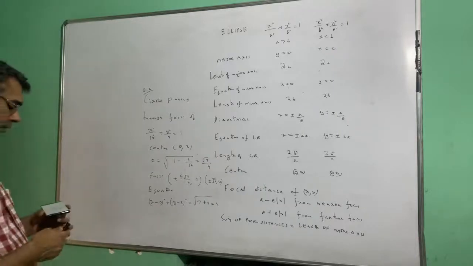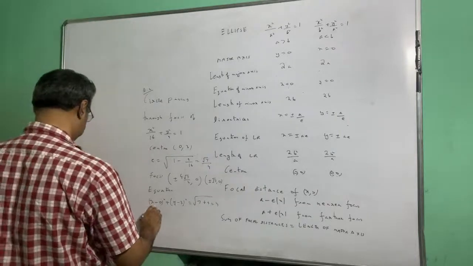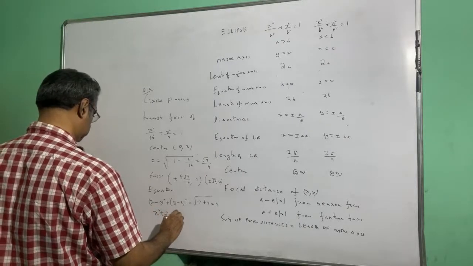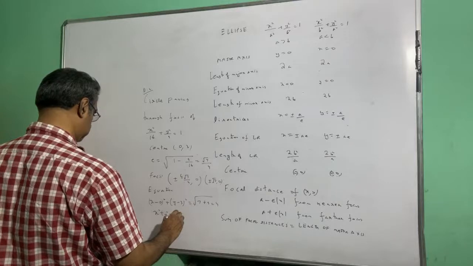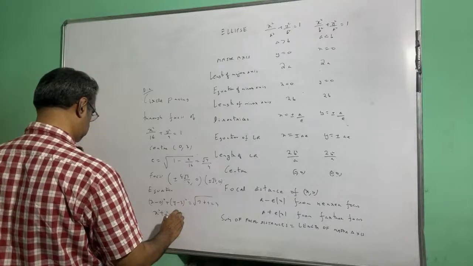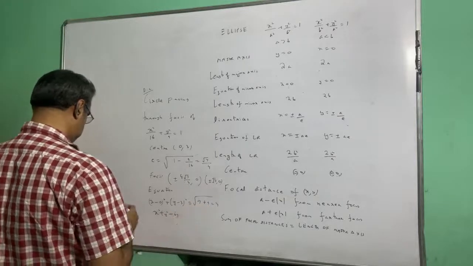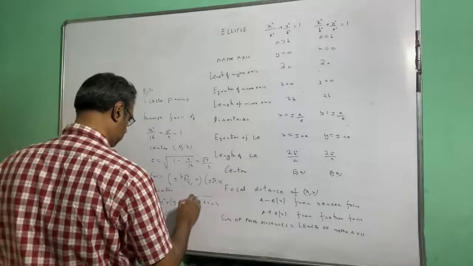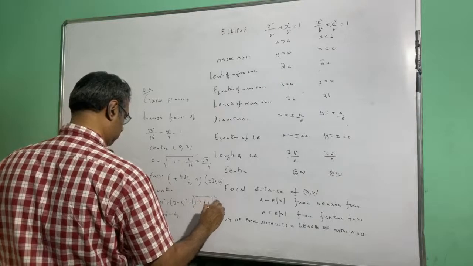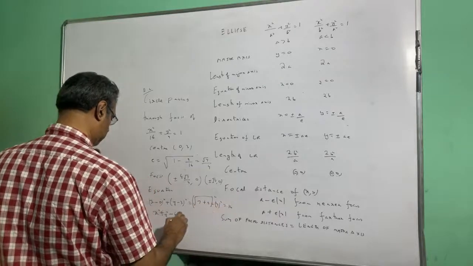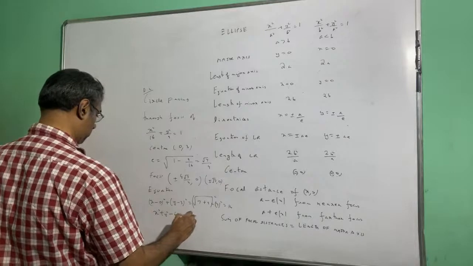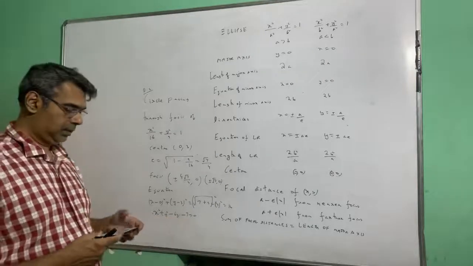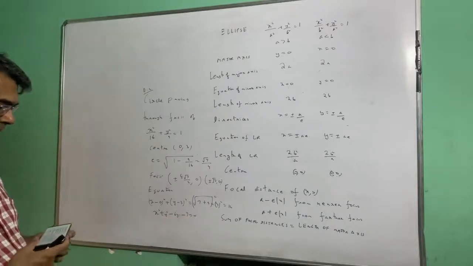If you simplify, you will get x square plus y square minus 6y minus 7 equal to 0. That will be the answer.